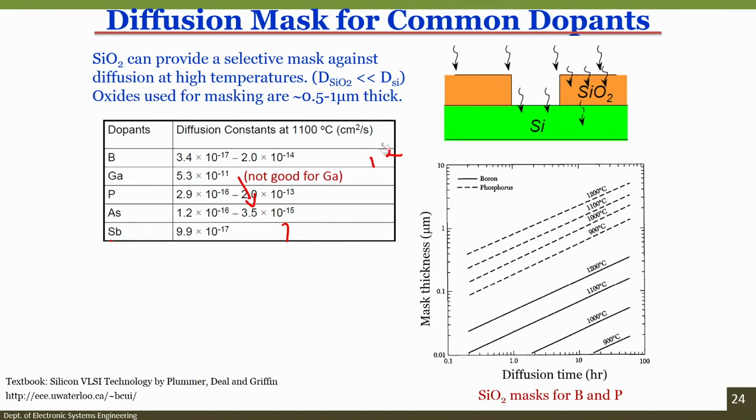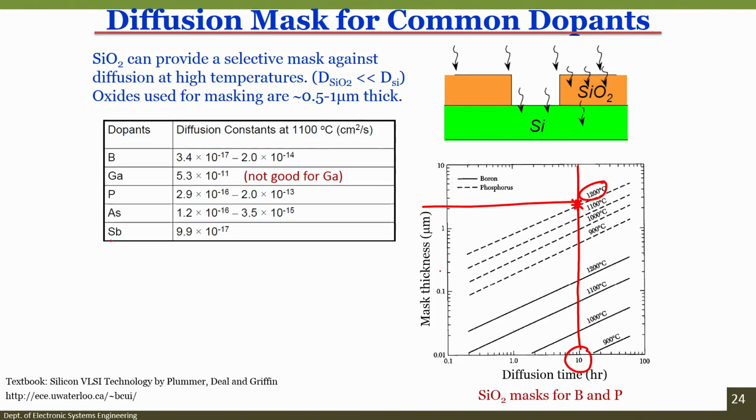Now, another very important point is the temperature that is required for doping a particular impurity. If I want the diffusion time to be close to, let us say, 10 hours, and if I draw a line like this, and it is phosphorus and the temperature is about 1200 degree centigrade, then how much silicon dioxide do I require?